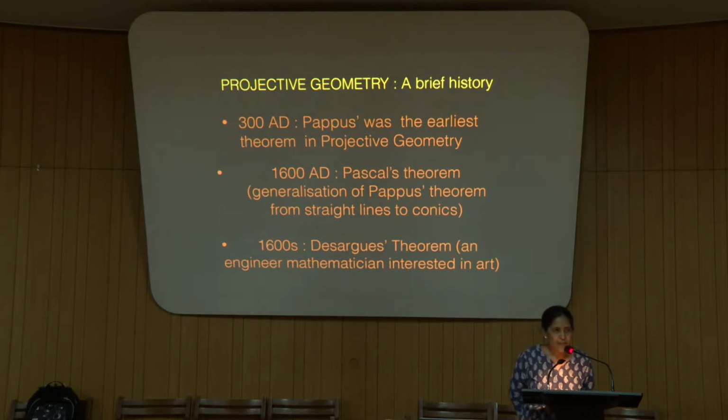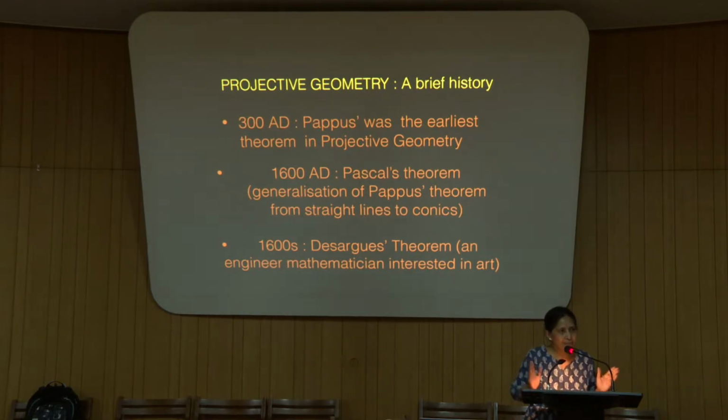So projective geometry, let's go over a brief history of projective geometry. In 300 AD, Pappus's theorem was the earliest theorem in projective geometry. In 1600 AD, during the Renaissance time, Pascal's theorem was formulated. It's a generalization of Pappus's theorem from straight lines to conics.